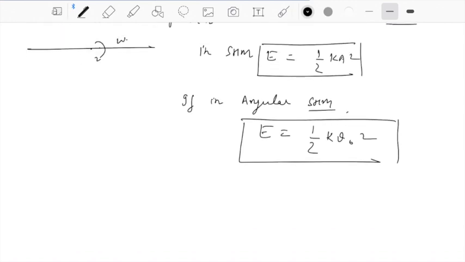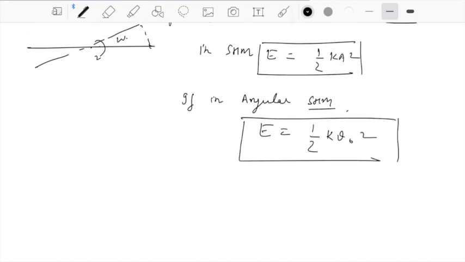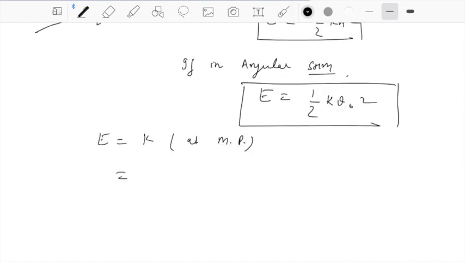So when it passes through the mean position, we can apply energy conservation. That means E will be equal to kinetic energy at the mean position, which is half I cm into omega square. Now our task is also to calculate the value of I cm.